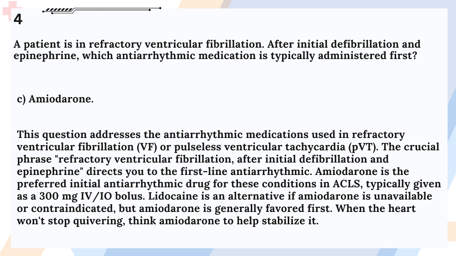Amiodarone is the preferred initial antiarrhythmic drug for these conditions in ACLS, typically given as a 300 mg IV/IO bolus. Lidocaine is an alternative if amiodarone is unavailable or contraindicated, but amiodarone is generally favored first. When the heart won't stop quivering, think amiodarone to help stabilize it.